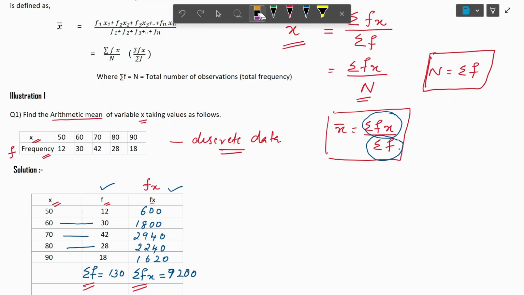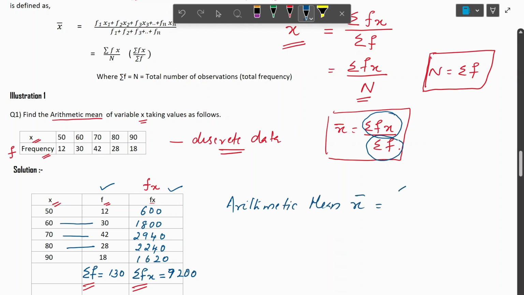First step is finish the table. Next step, write your formula. That is arithmetic mean, x bar equal to summation Fx divided by summation F. That is equal to, what is the number here?